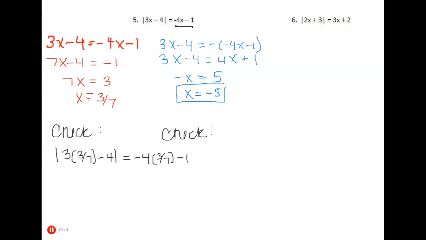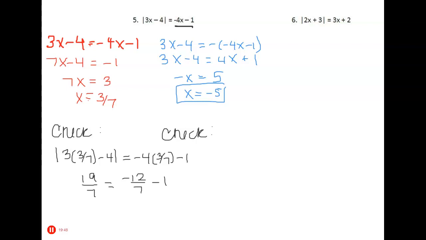So that's 9/7 minus 4, which is an absolute value of negative 19/7. So that becomes positive 19/7. And then here you have negative 4 times 3/7, which is negative 12/7 minus 1. So what do we already notice about the right side?